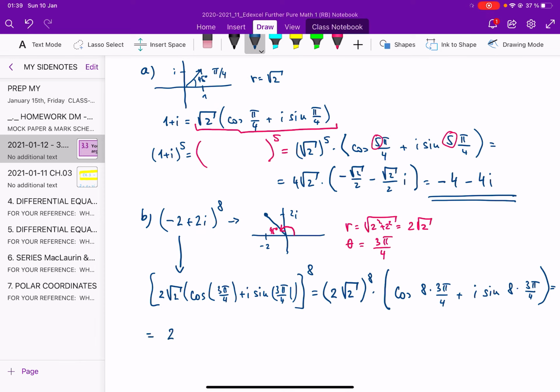So this would be 2 to the power of 8 times 2 to the power of 4 times cosine 6 pi plus i sine 6 pi. This would be 1, obviously, and this would be 0, obviously. So this would be together 2 to the power of 12, which is 4096.